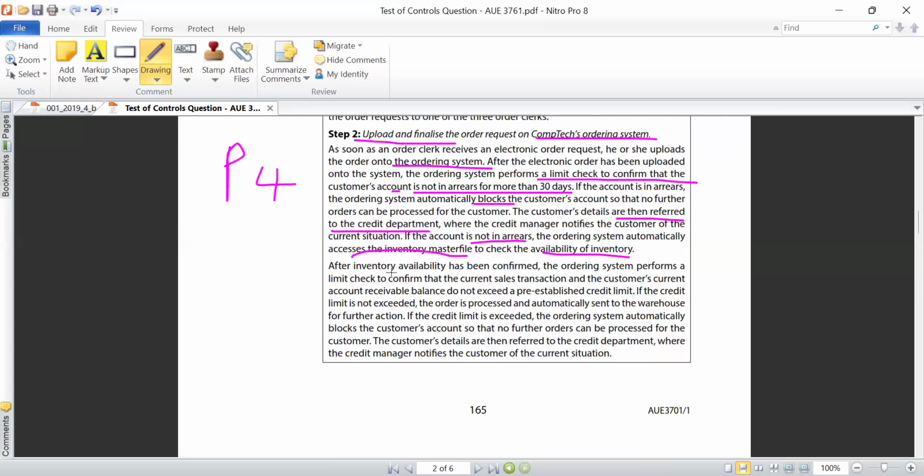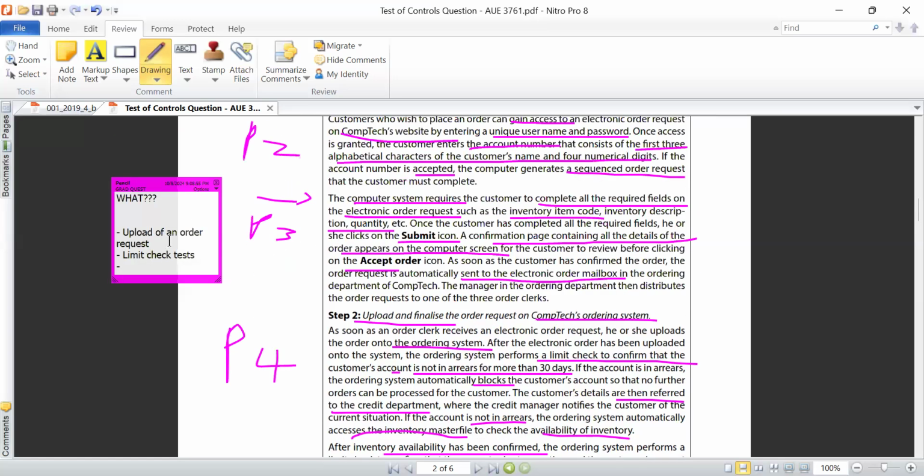But continuing further, after inventory availability has been confirmed, the ordering system performs a limit check to confirm that the current sales transaction and the customer's current account receivable balance do not exceed pre-established credit limits. So again, besides the limit check, they call these credit limit checks. Credit limit tests to be done.